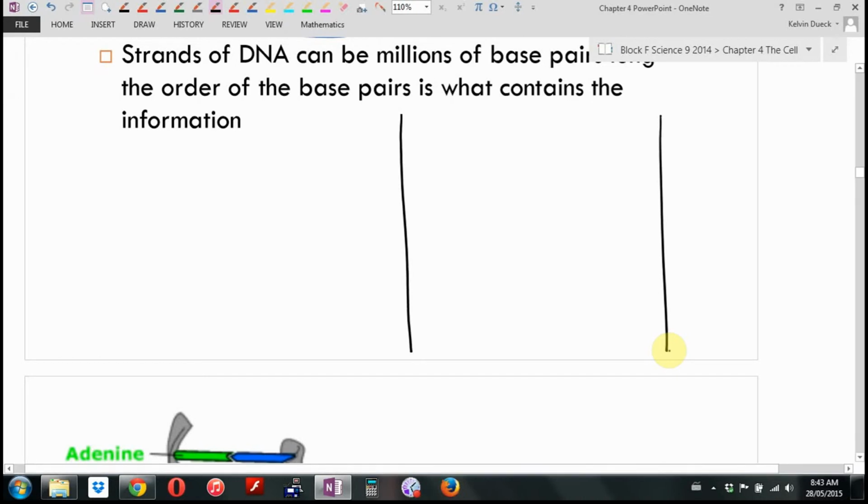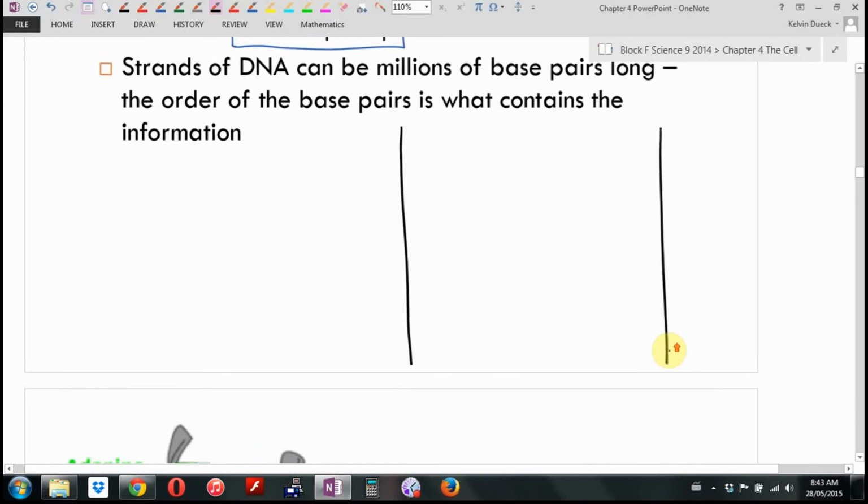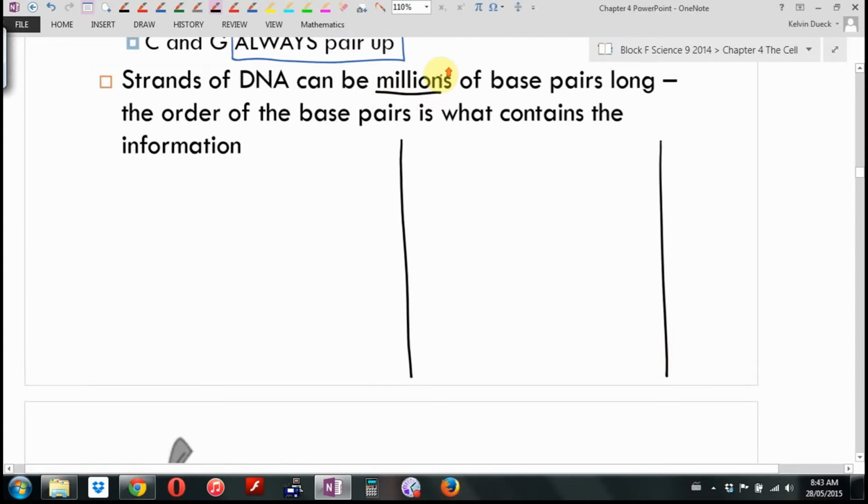Strands of DNA can be millions of base pairs long. The order of the base pairs is what contains the information. So here is a representation, Jordan, of a DNA molecule.